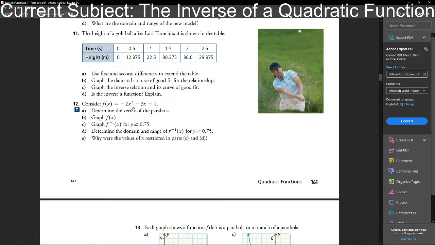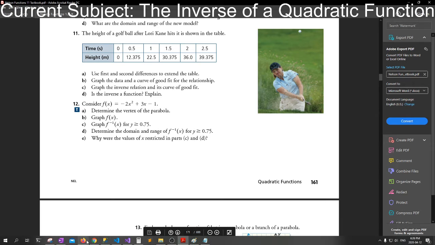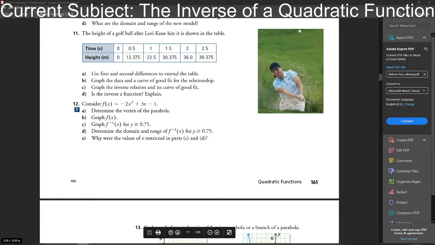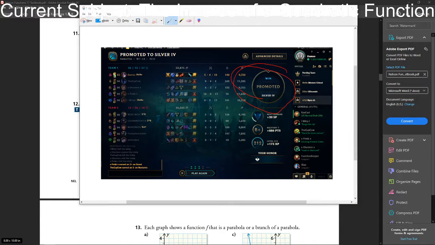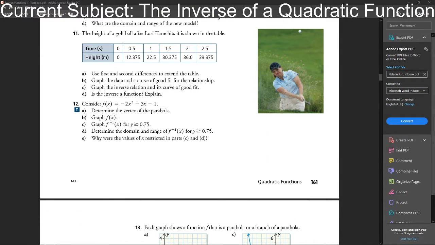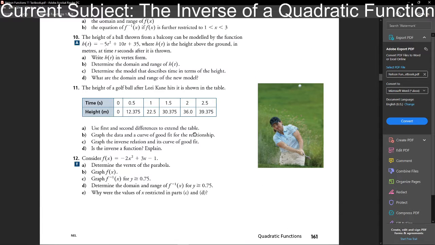Back to where we were. So we have all of this stuff here. Use first and second differences to extend the table. Okay. We extend the table like that.